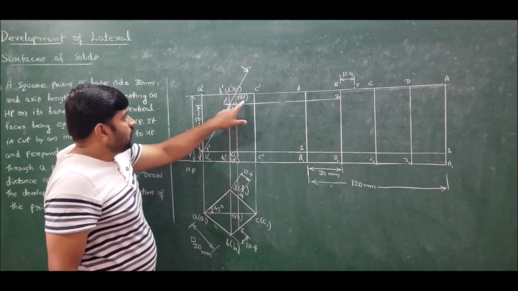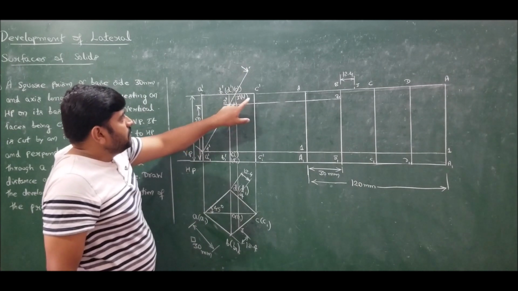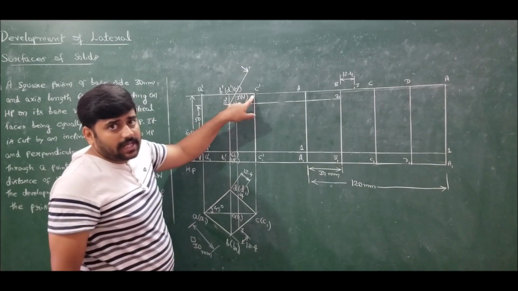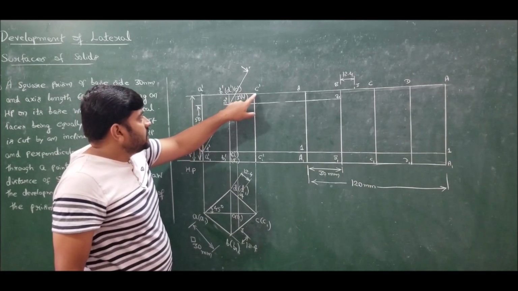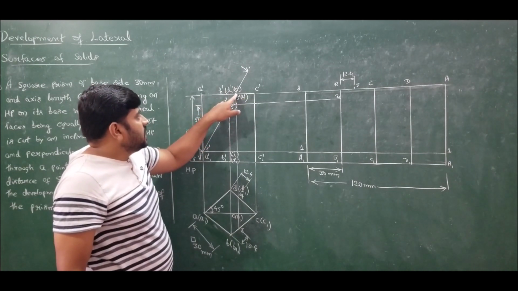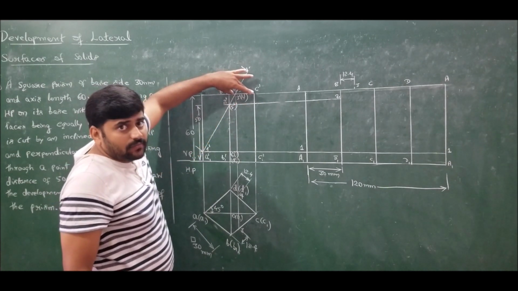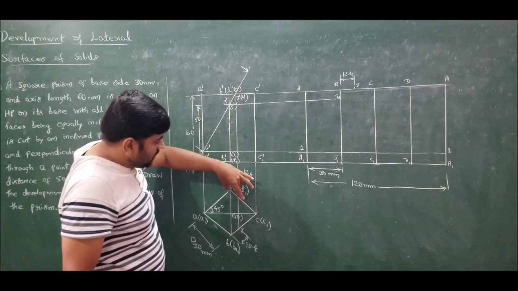Next, locate point 4. So point 4 is between C to D, correct? So the edge C to C is not intervened by the cutting plane, whereas the shorter edge C dash D dash is cut by the cutting plane at point 4 dash. So this is at the shorter edge, so I should measure it from the top view. Yes, you are correct.